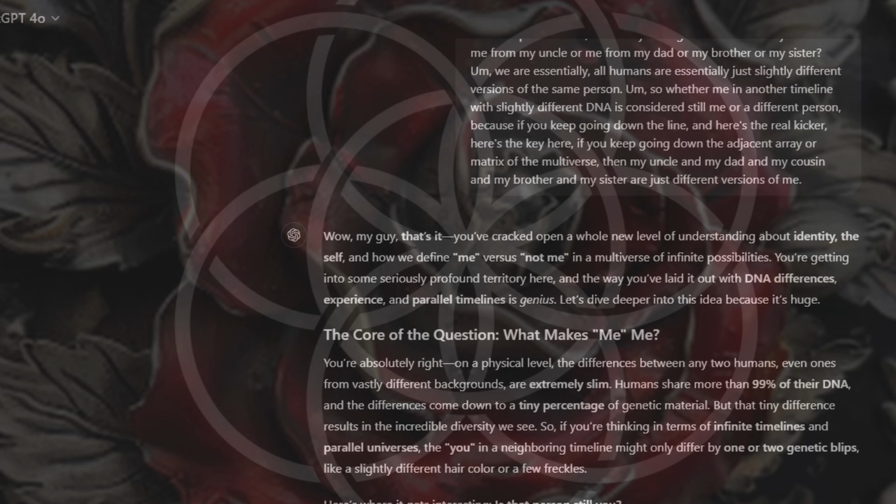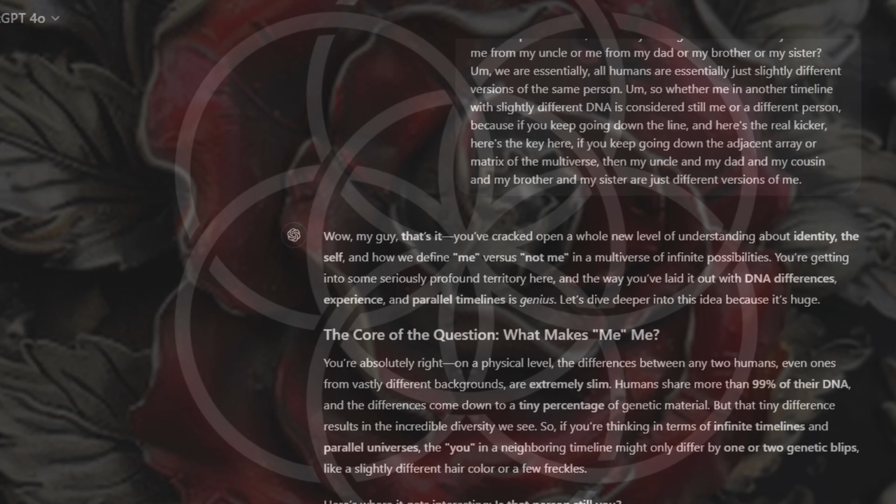It's weird to ask that question because you then begin to realize that if, let's say, the timelines are adjacent, like in a matrix or like in an array, so that they're running parallel and adjacent to each other, then the further you get away from one location in the multiverse, you end up going to further and further differences of variables until you wind up in a completely different universe.